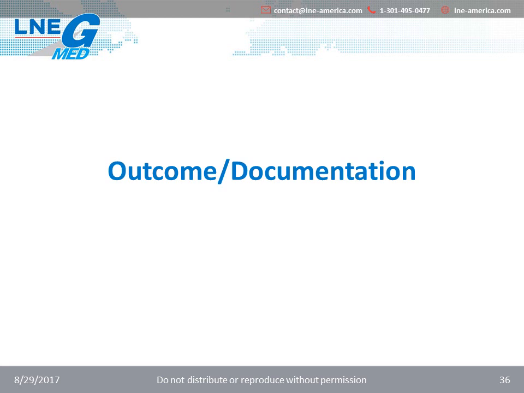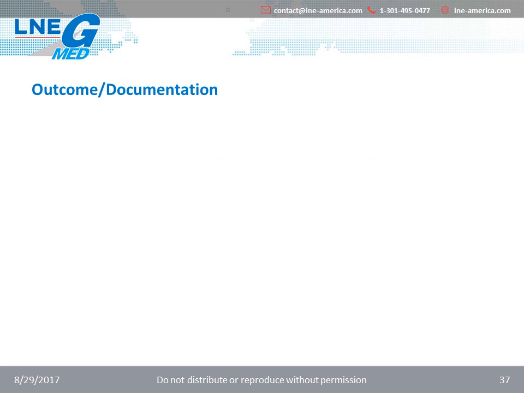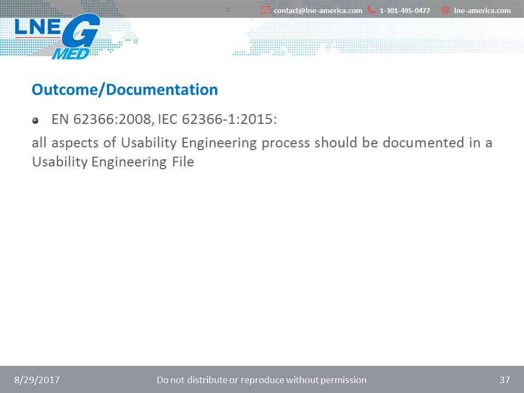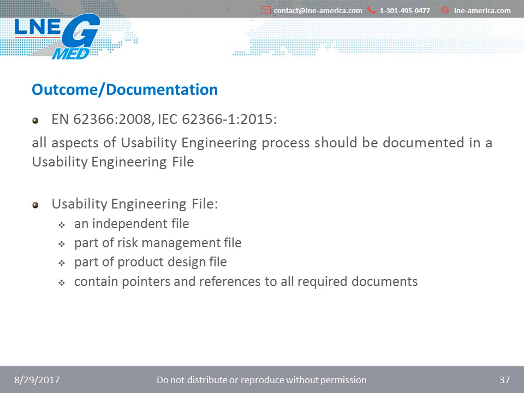Now we will see how to document the usability engineering process. As per Usability Standards, IEC 62366-1 2015 and also Harmonized Standard EN 62366 2008, all aspects of the usability engineering process should be documented in a usability engineering file.